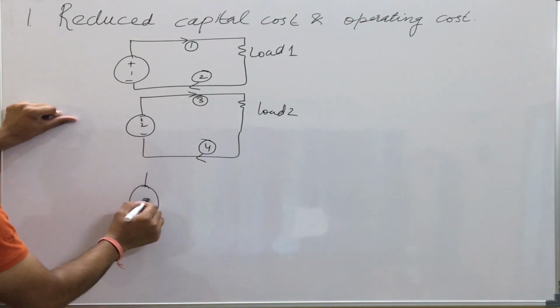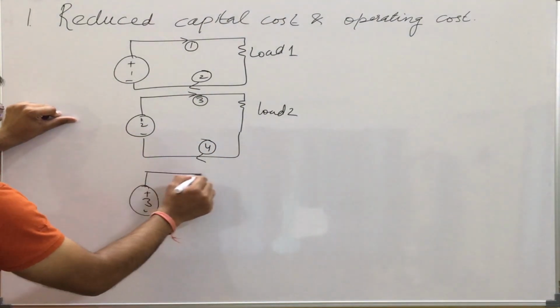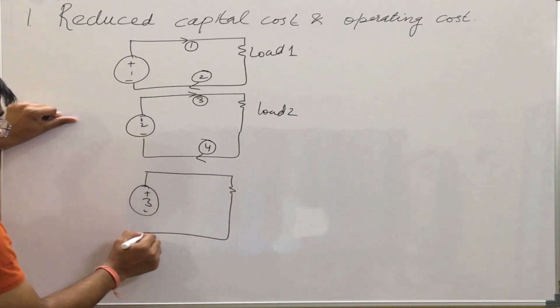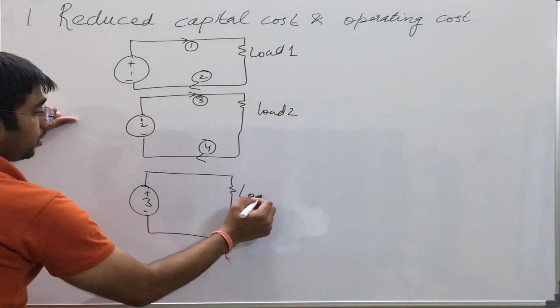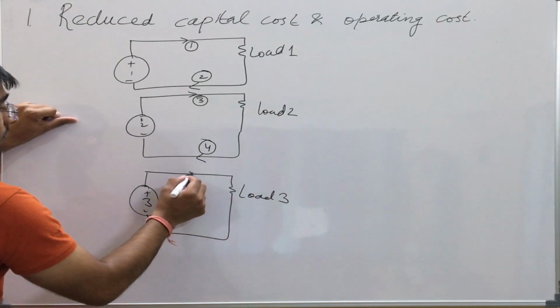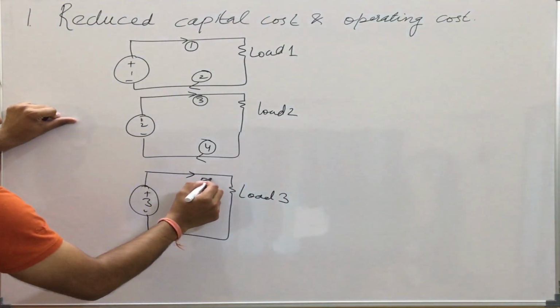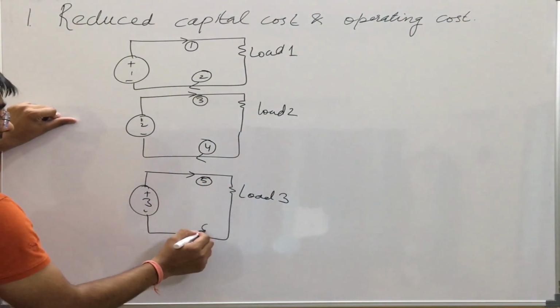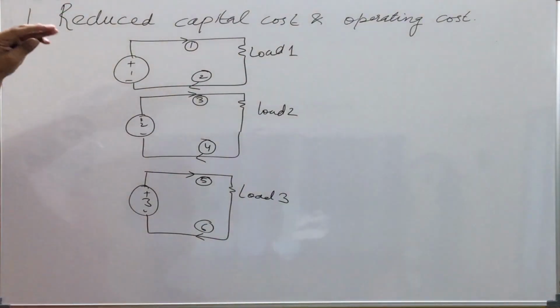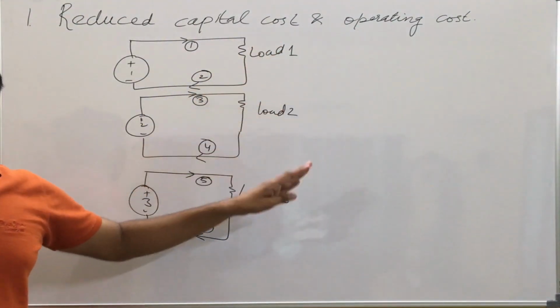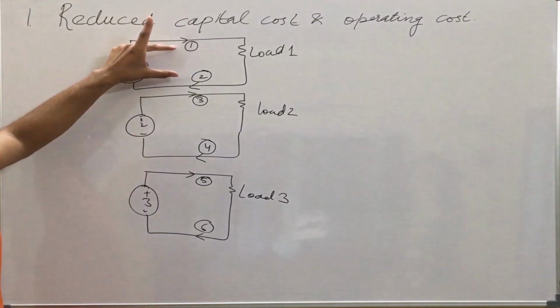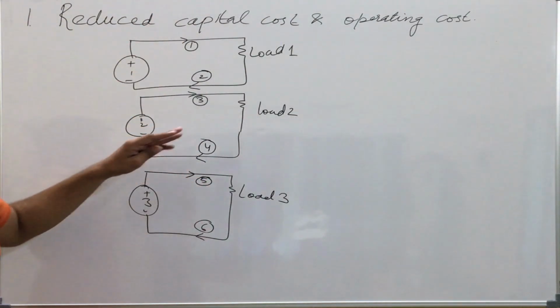Similarly, the third source will deliver power to load 3 via wire 5. The current will return via wire 6.